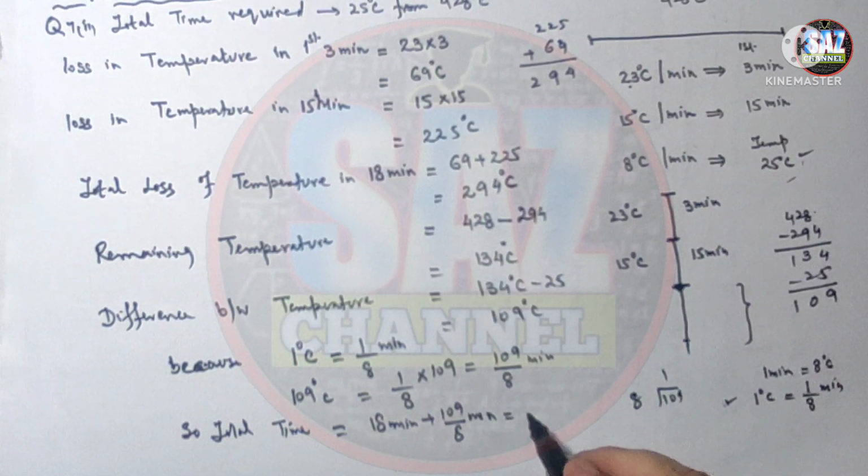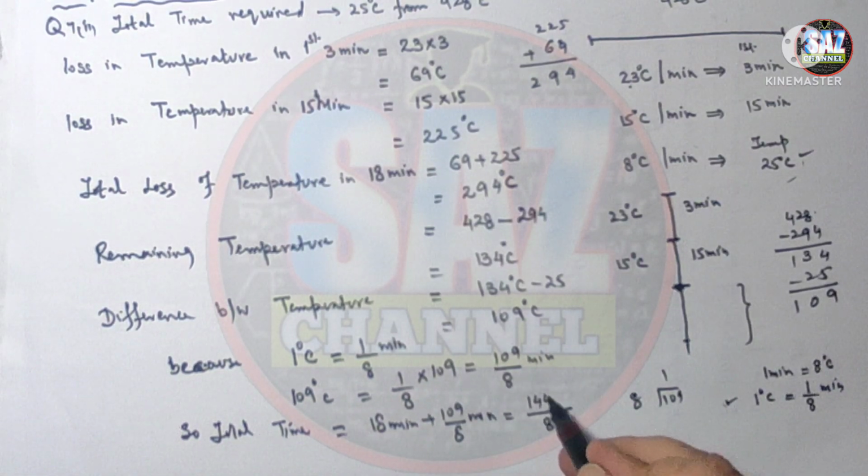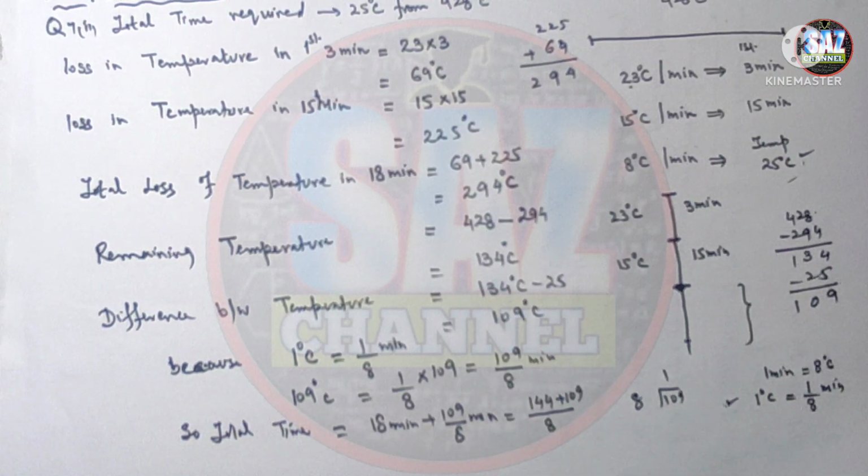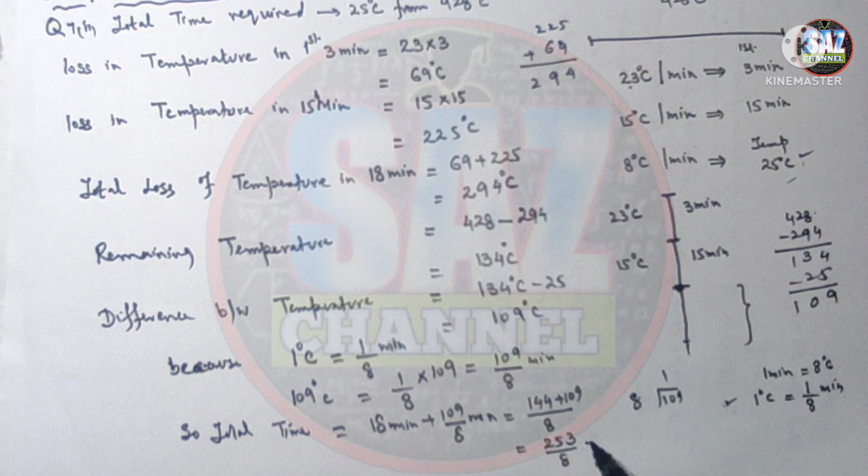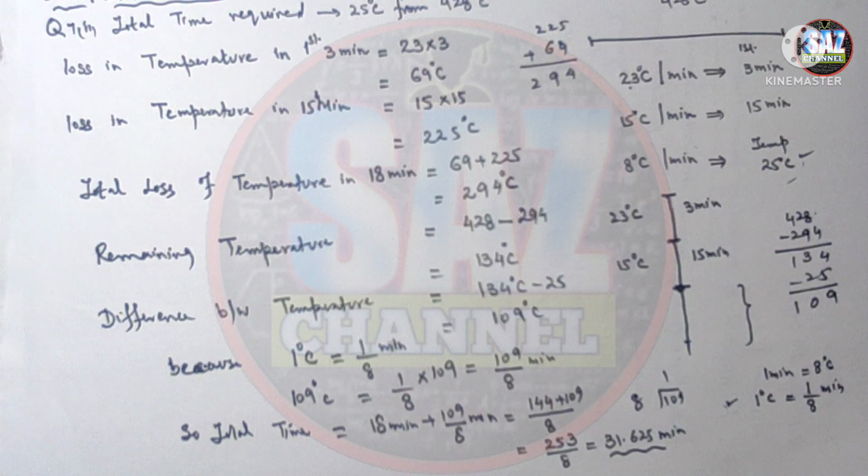What we can do is take the LCM. 8 is the LCM. 18 times 8 is 144 plus 109, this is 253 by 8, divided by 8, that is 31.625 minutes. So this is the time when the temperature will reach 25 degree centigrade.